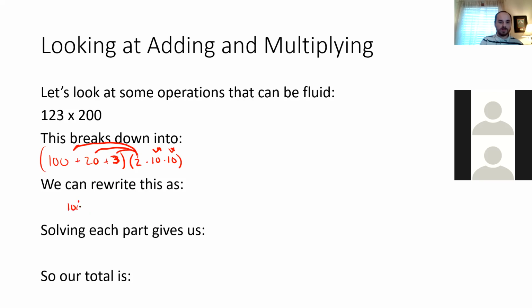So what we'll do is 100 times 2 plus 20 times 2 plus 3 times 2 all times 100, or written out fully, 100 times 2 plus 20 times 2 plus 3 times 2, all in parentheses, times 100. Now let's solve each part. What is 100 times 2?